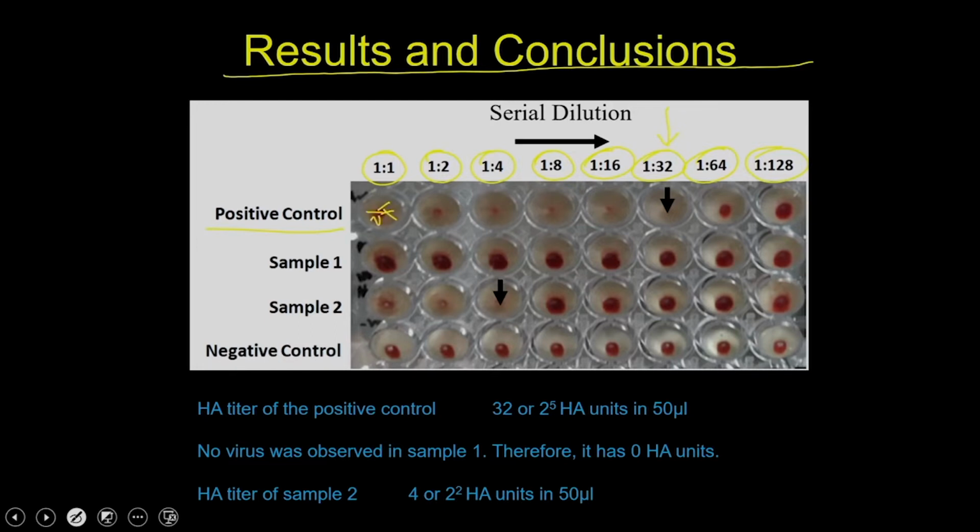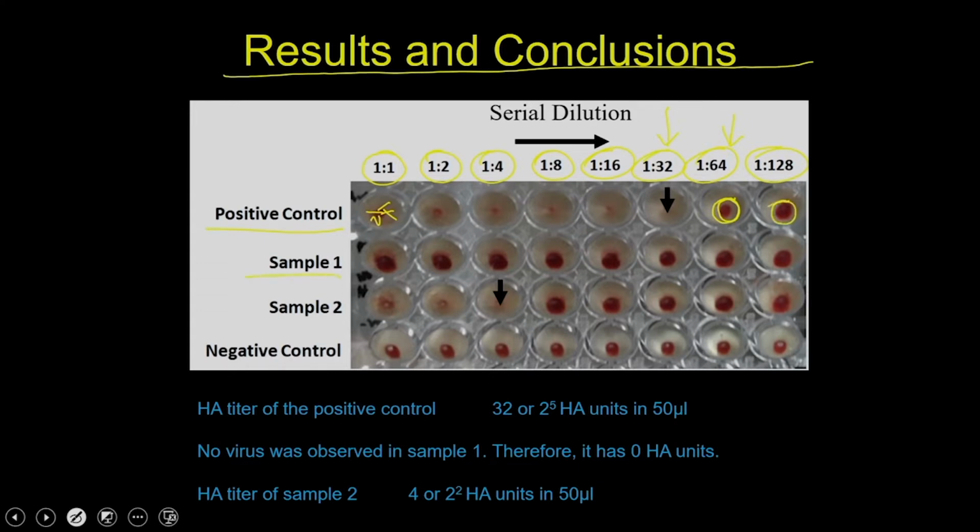So, what you see is a cloudy pattern, which is an indication of hemagglutination. Whereas, when you see a smooth RBC button, that is an indication that hemagglutination is not occurring at that particular concentration. Once the virus concentration goes down to a particular level, it will not be enough to agglutinate the RBCs, and that is how you see a smooth RBC button.